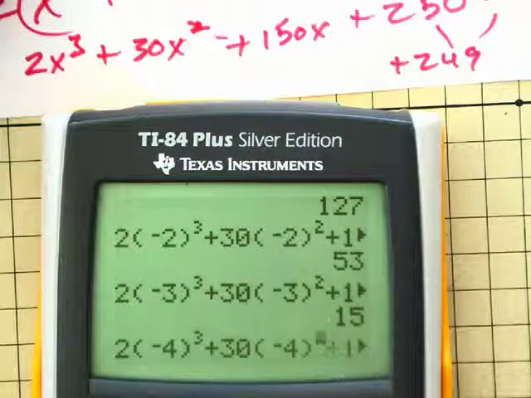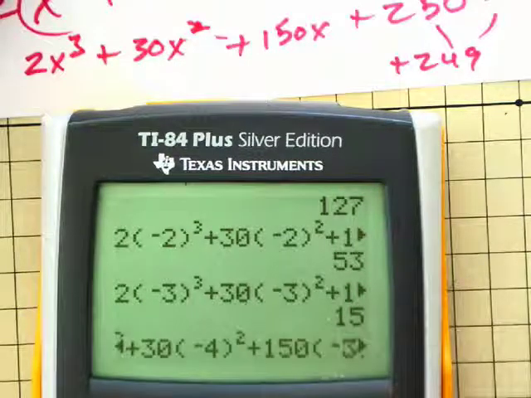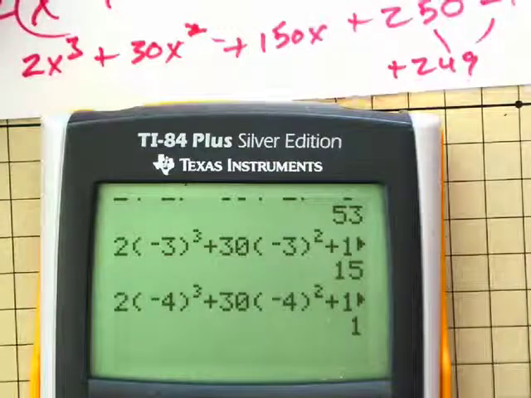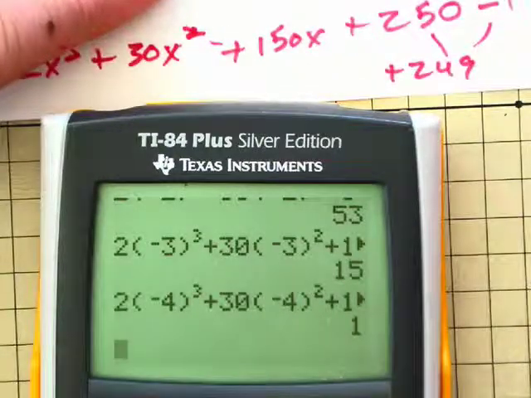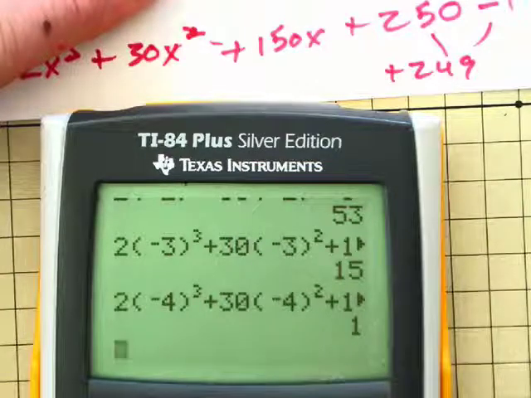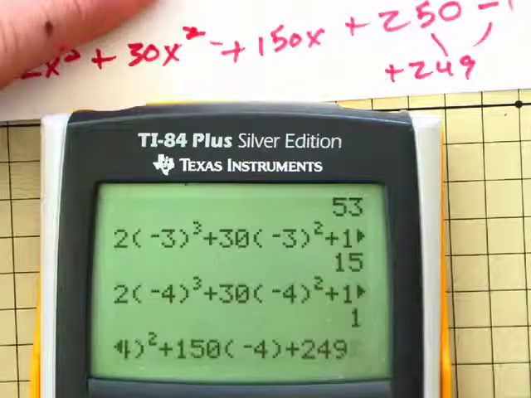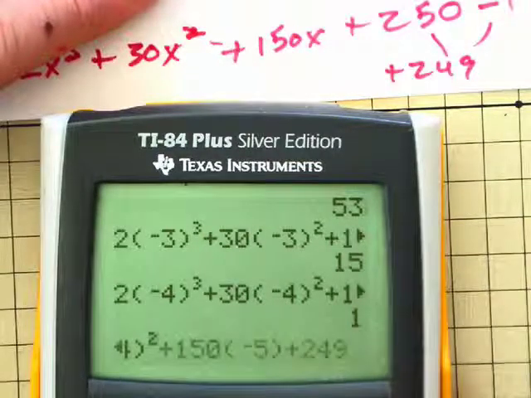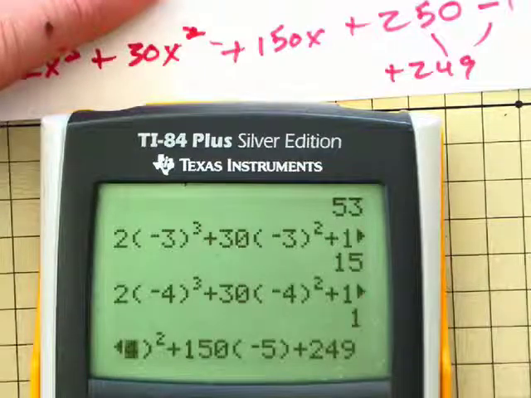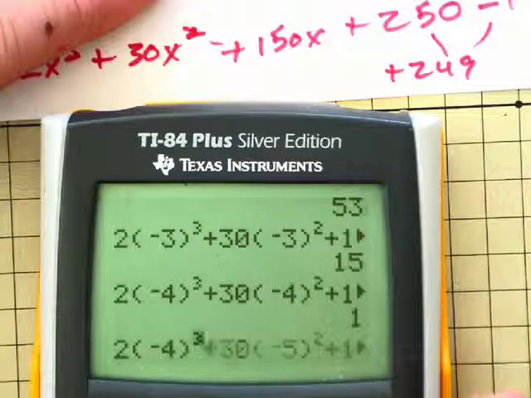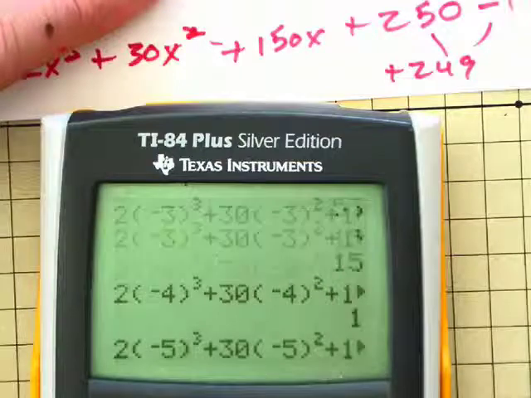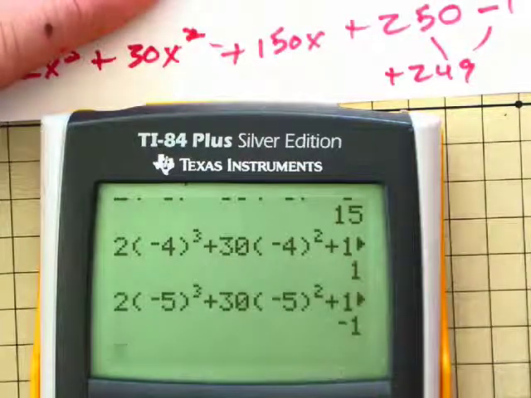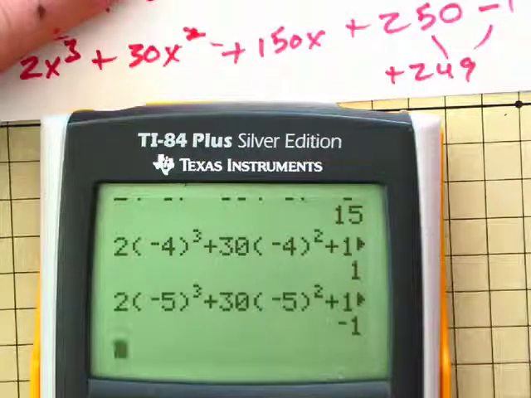You see it's 1. And when we do negative 5, we're at negative 1. So we can see exactly where it crosses the x.